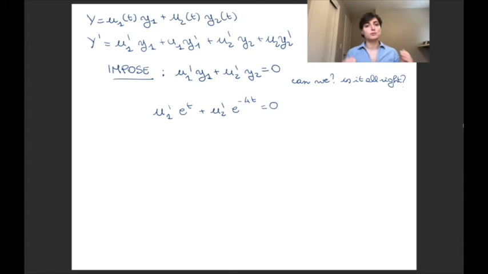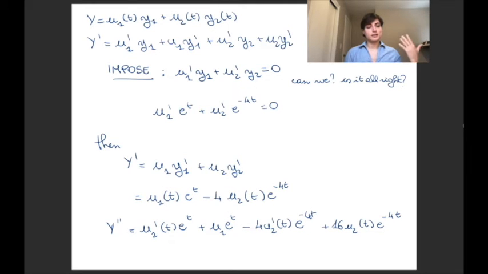Specifically for our case, we're imposing that u1' e^t + u2' e^(-4t) = 0. Can we do that? Is it all right? I'll let you know that we can do it and it is all right, but we are skipping some statements about why it is.